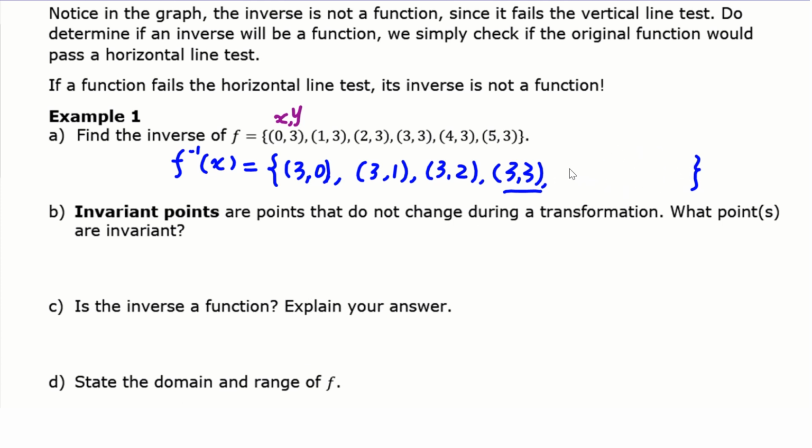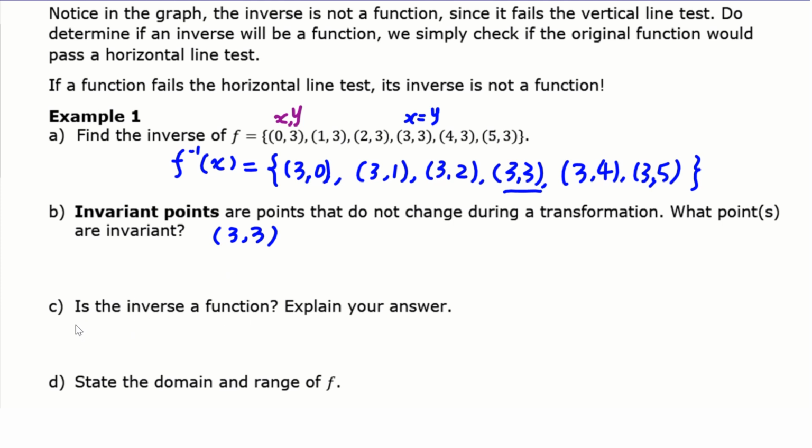From these points, if x equals y, then when we switch them, it won't change. So we call them invariant points. When x equals y, these points don't change in the inverse of the function.